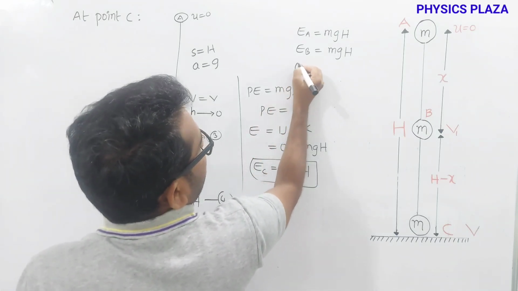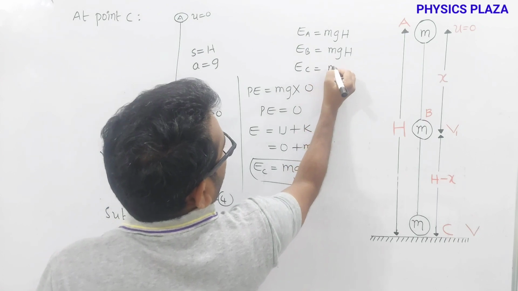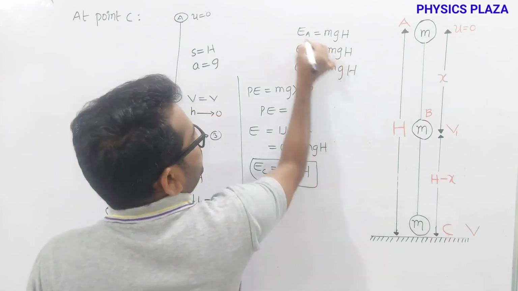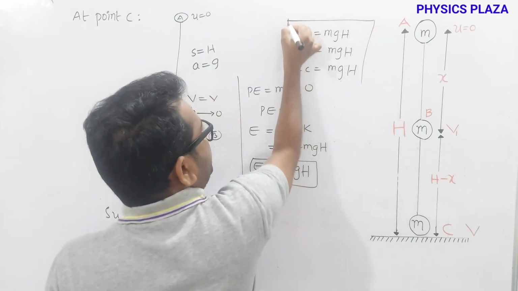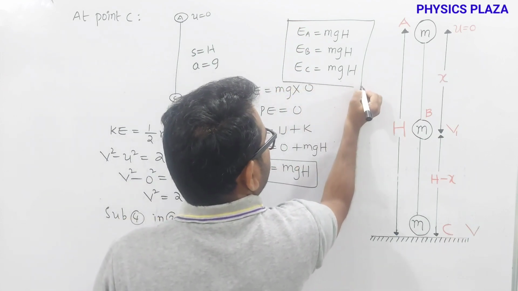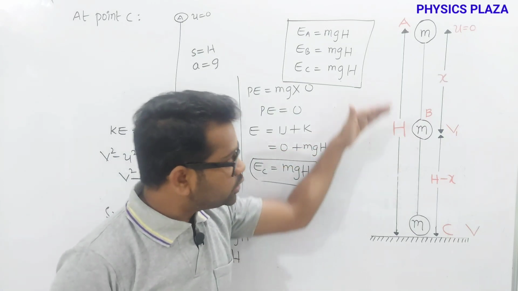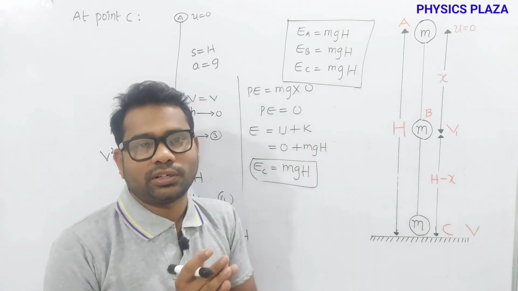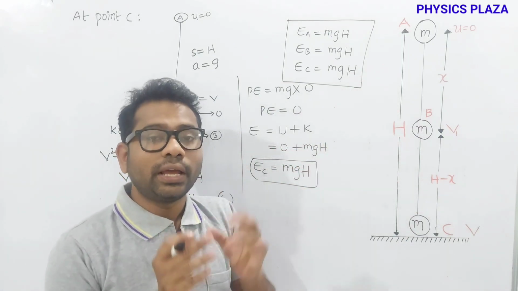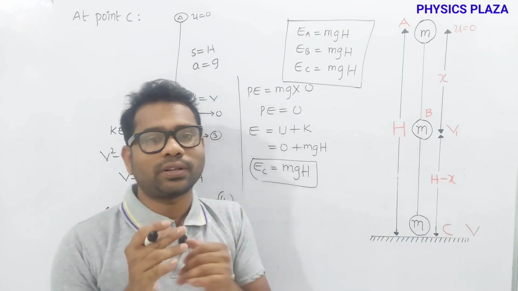That is, the energy at point C also we got mgh. So children, this is actually the law of conservation of energy in the case of a freely falling body, which means that at any point in its journey you can take, the important thing is that energy always remains constant.